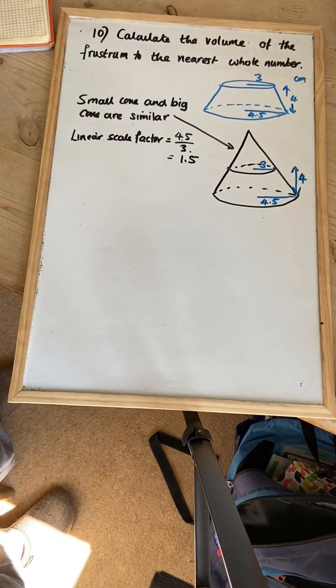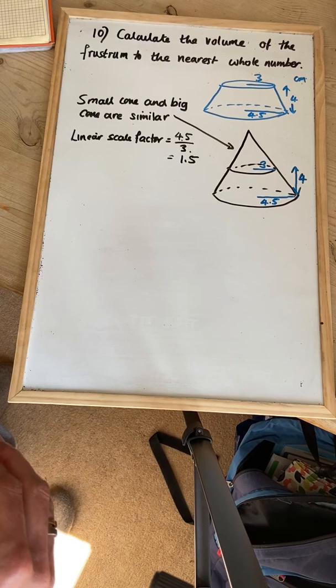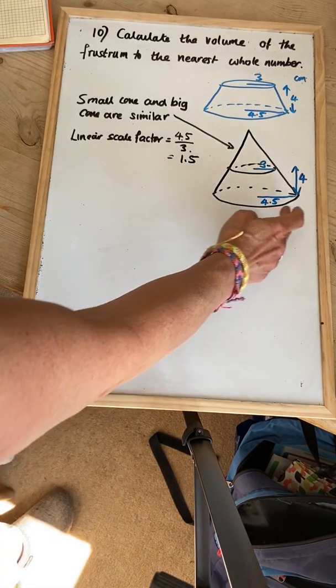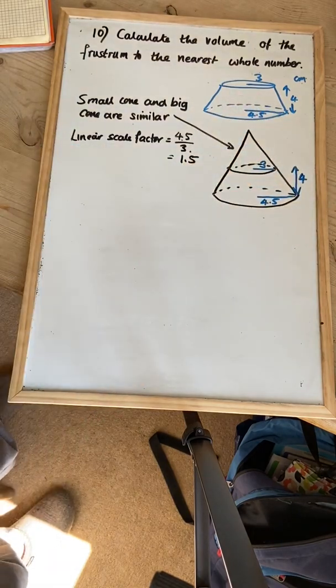So that's our linear scale factor. Now we are trying to calculate the volume of this frustrum, so we will be working with volumes, yeah? So overall, our volume is going to be dictated by the measurements that we've got here.